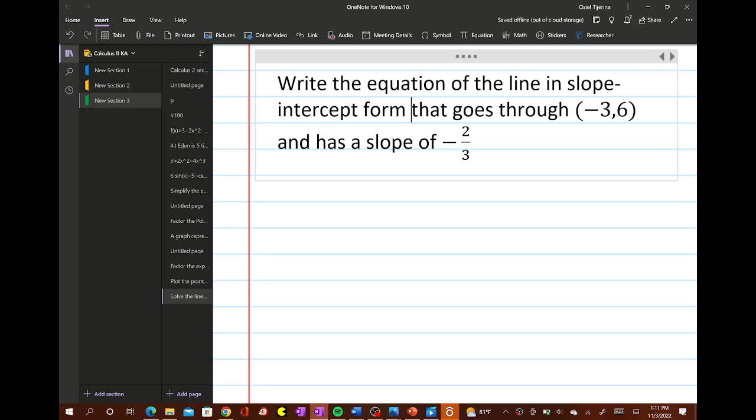First of all, we want the equation of the line in slope-intercept form that goes through (-3, 6) and has a slope of -2/3.